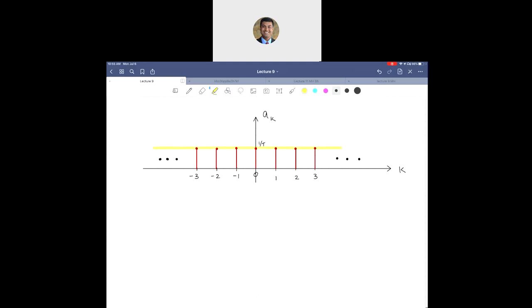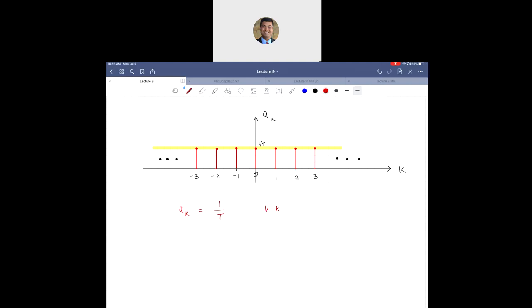So what we have is all Fourier series coefficients are 1 over T, where T is the time period of that impulse train. So I can write this as a sub k equals 1 over T for all k.